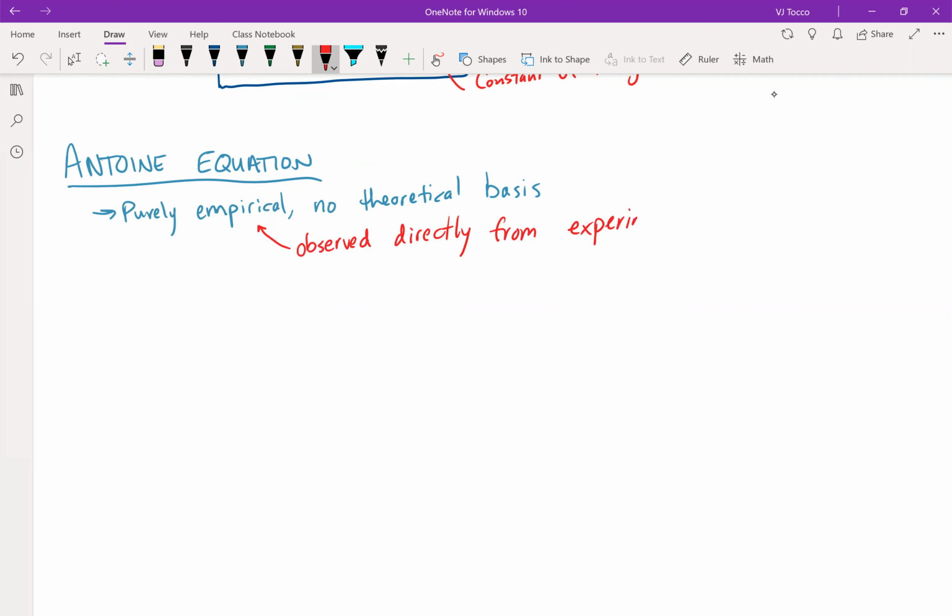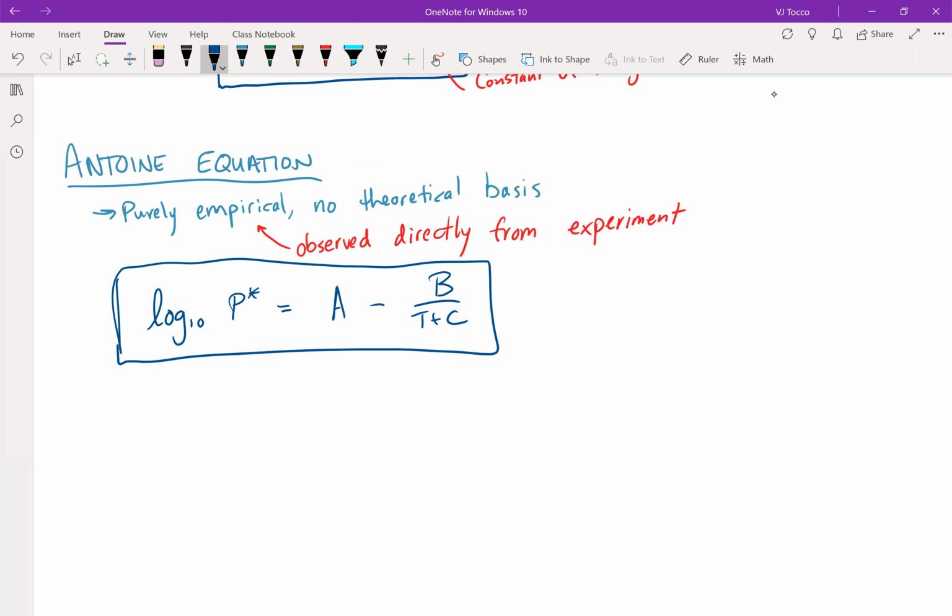And there are various forms of the Antoine equation with different units, but the one that you will see in this textbook goes like this. It says that the log base 10 of P star is equal to A minus B over T plus C. Now in this equation, by the way, this is the Antoine equation. A, B, and C are parameters.